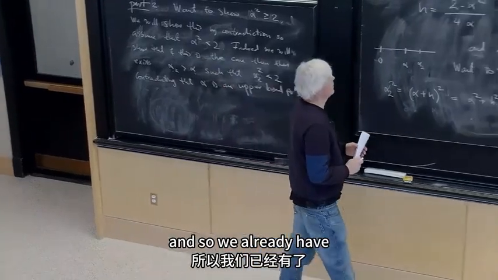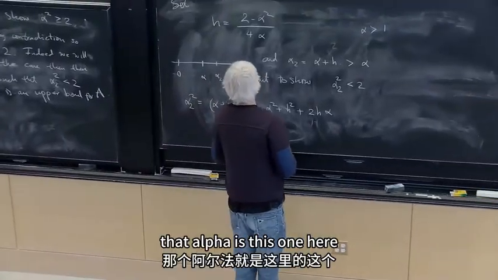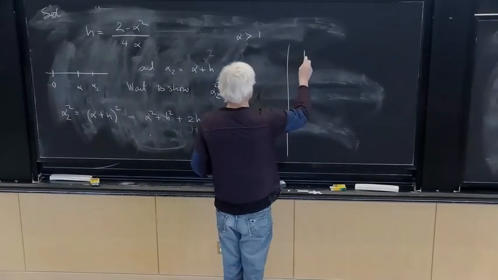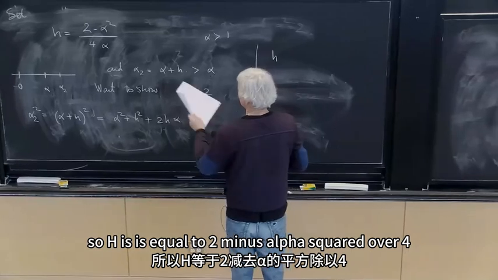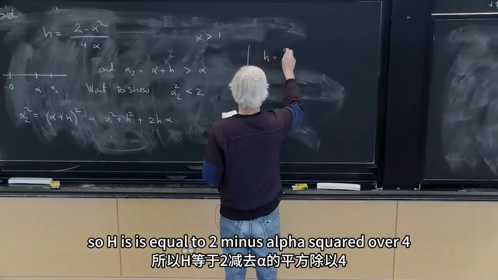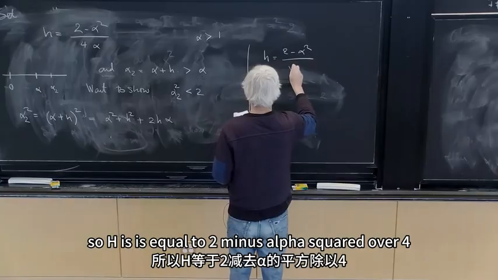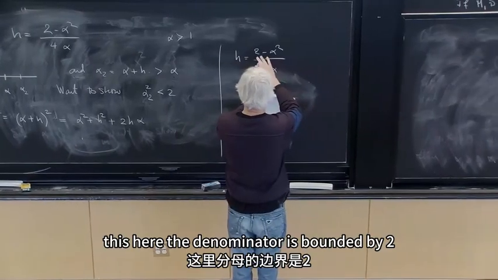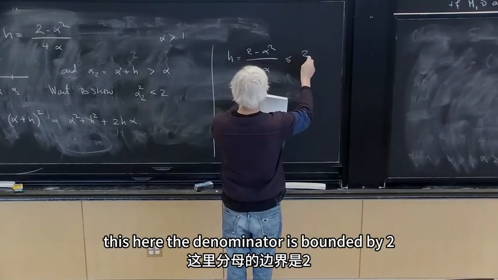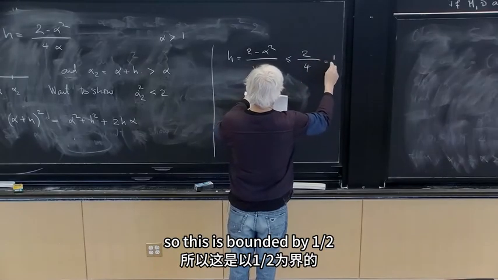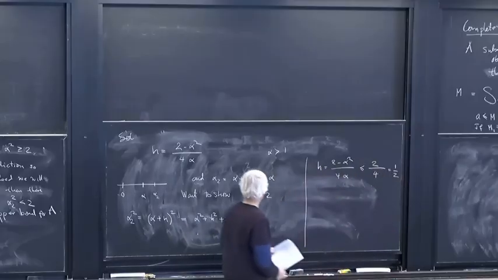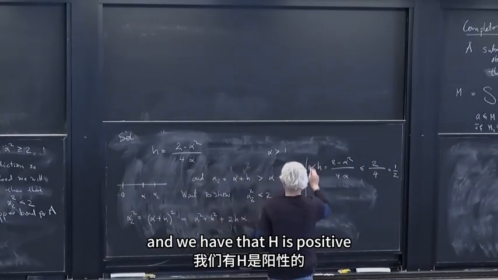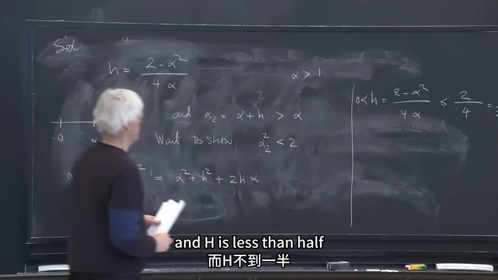We already have that alpha is bigger or equal to 1. H is equal to (2 minus alpha squared) over 4 alpha. The denominator is bounded below by 4, so again it's 2 over 4, so this is bounded by a half. So H is positive, and H is less than a half.